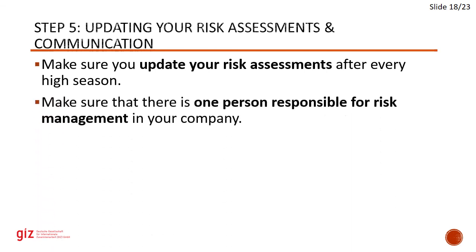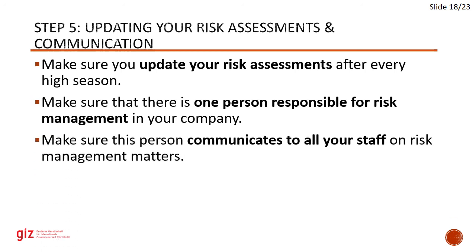You should also make sure that there's one person responsible for risk management in your company, so that one person has an overview of all your risks and risk management activities. You should also make sure that this person communicates to all your staff on risk management matters. There's no point in having a risk management system in place if only management knows about it.